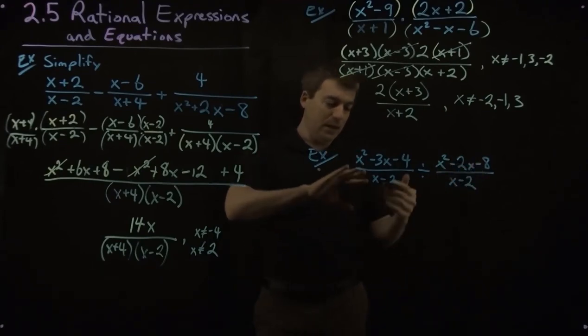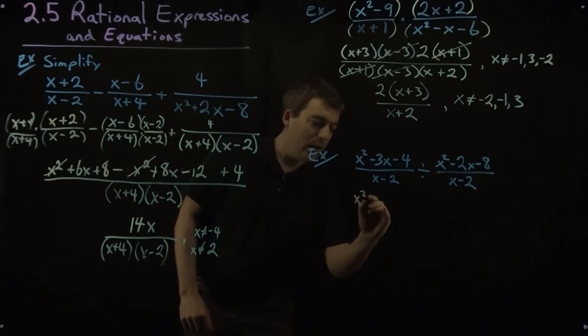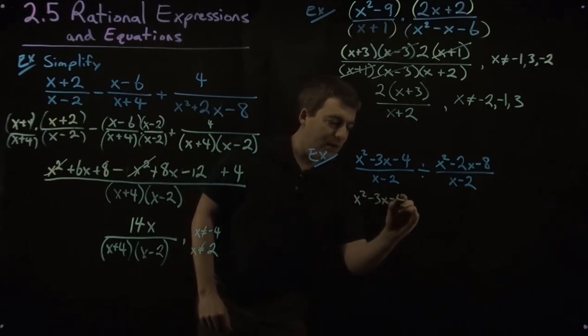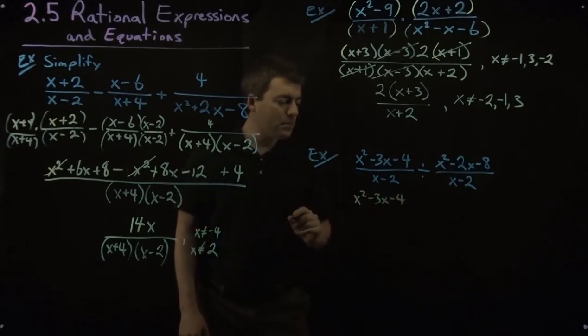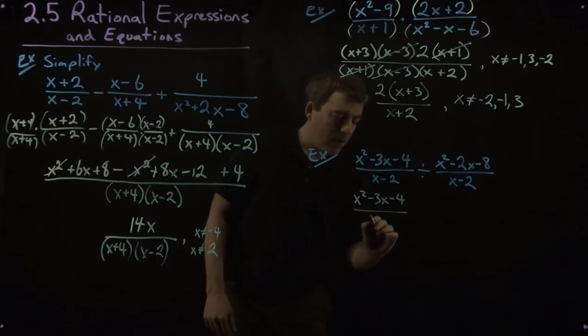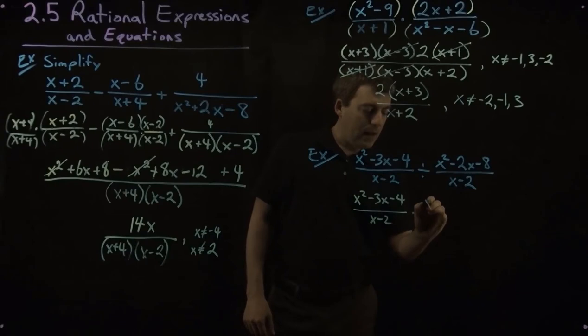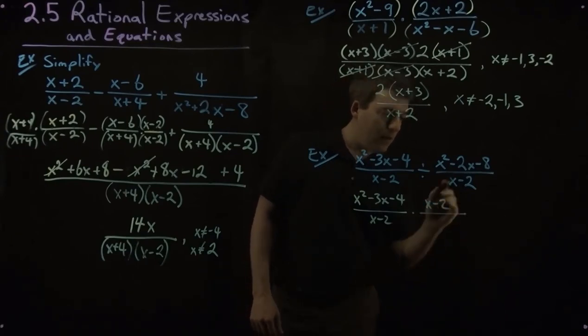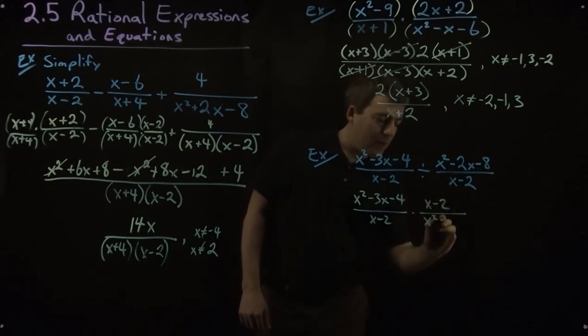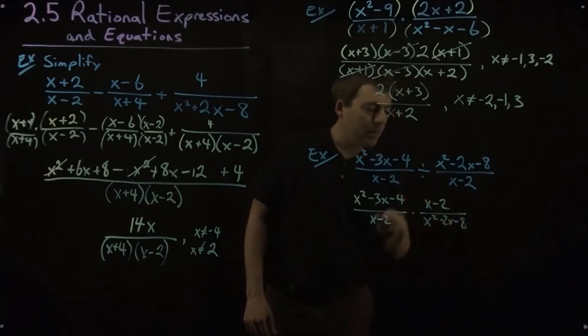So let's write that immediately. So we've got x squared minus 3x minus 4 over x minus 2. I'm going to multiply by x minus 2 over x squared minus 2x minus 8.